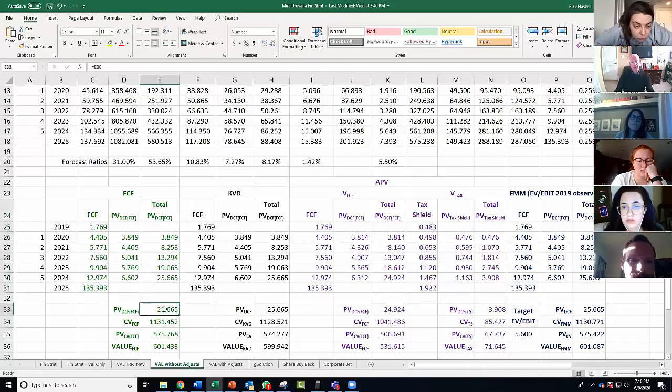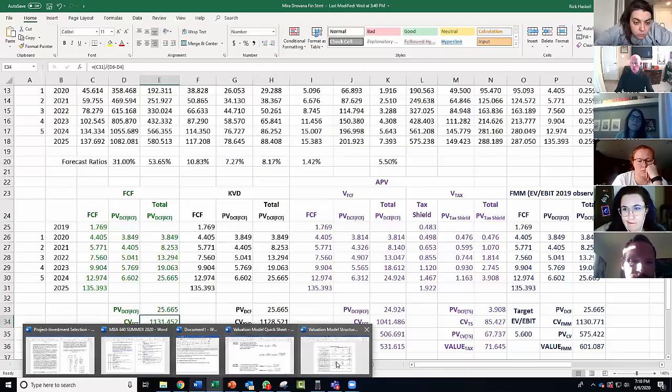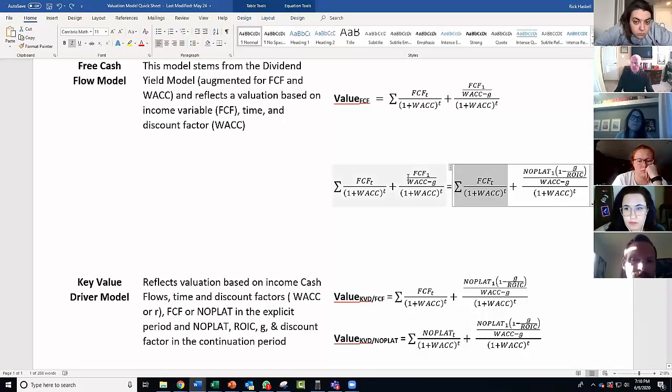Then we have the present value of the discounted cash flows. If you know it for one, you know it for both. And we know that in the free cash flow model, we're going to use the Gordon growth construction right here. And we know how to do that.